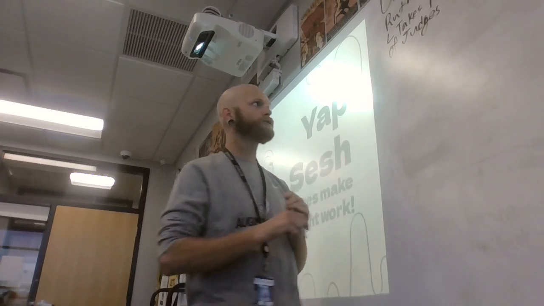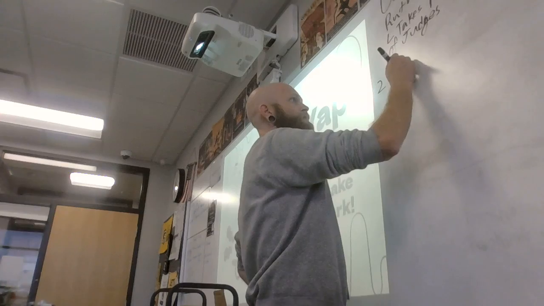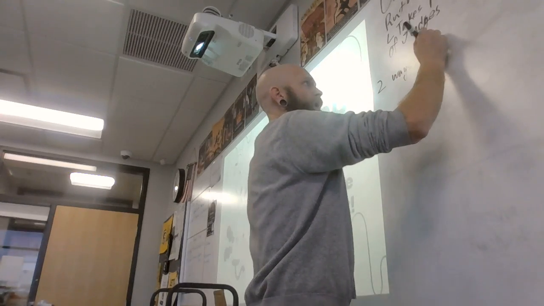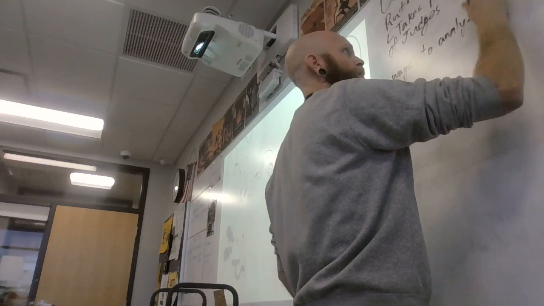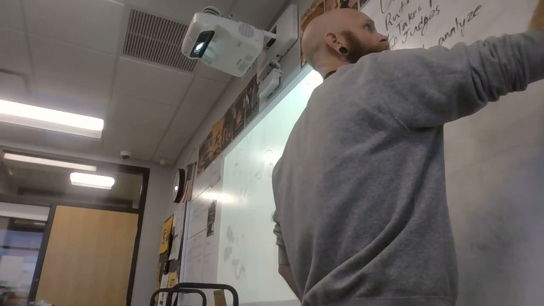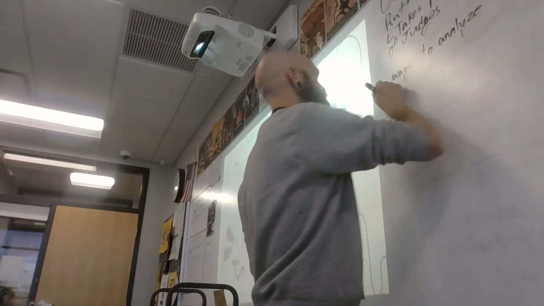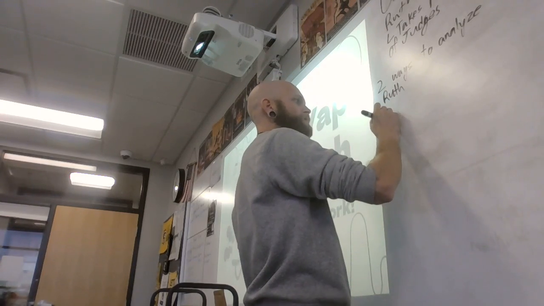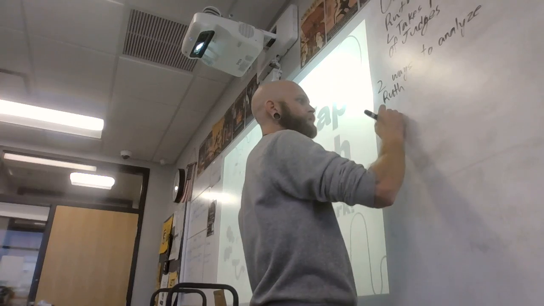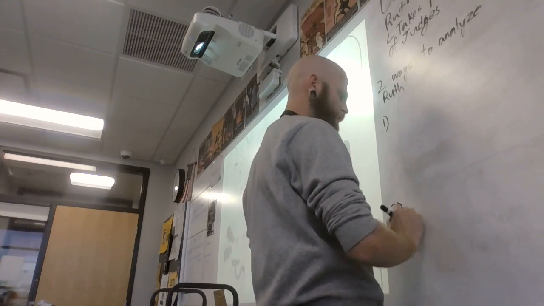So I want to walk us through 2 ways to analyze and care about Ruth. I want to say this: these are not the only 2, but these are the 2 that we have done in our class and will keep doing.